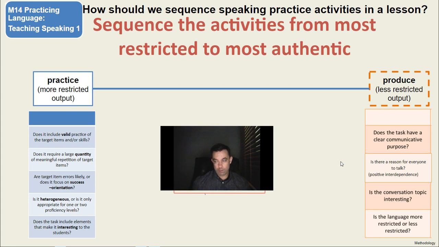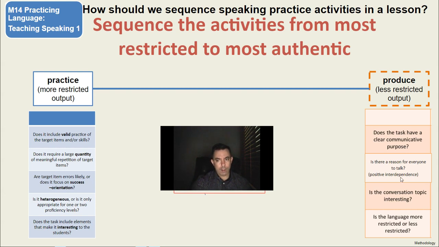Or you're trying to persuade your husband to agree with the daughter. That's a communicative purpose. We can't just say, okay, talk. Just talk about this topic. That's not really a communicative purpose. Why are they talking? What's their communicative goal? Okay, so when we're talking about fluency activities, think about communicative purpose.